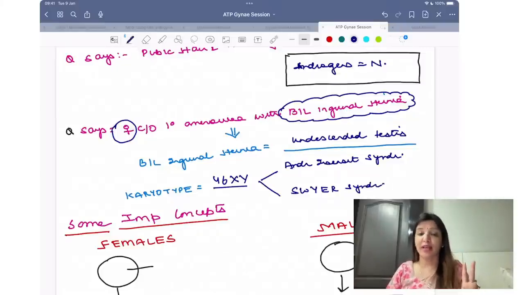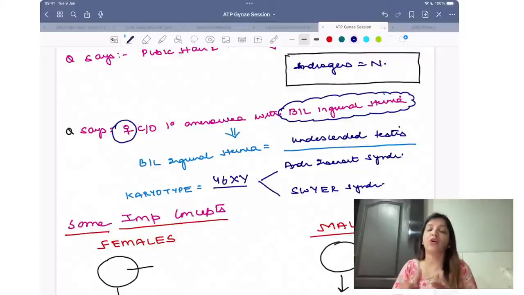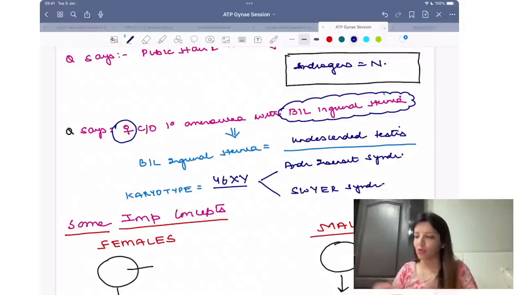As far as FMG exams are concerned, there will be only two situations जहां पे a question will come that a female is coming to you with primary amenorrhea with bilateral inguinal hernia. So either your answer has to be androgen insensitivity syndrome or your answer has to be Swyer's syndrome.